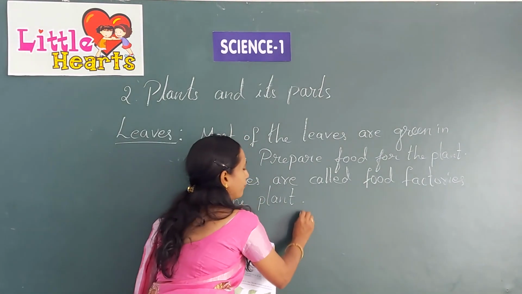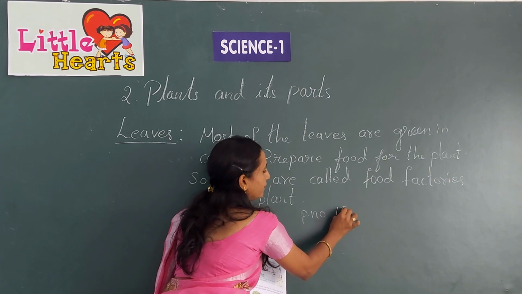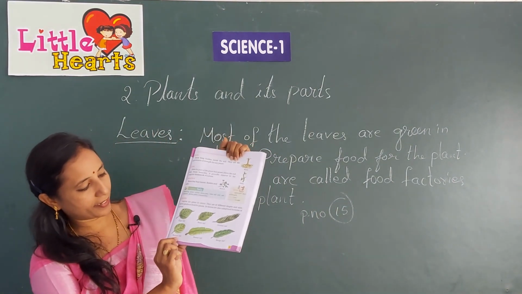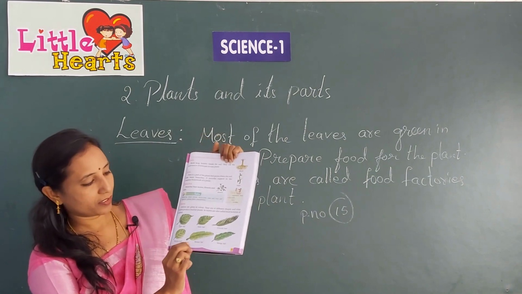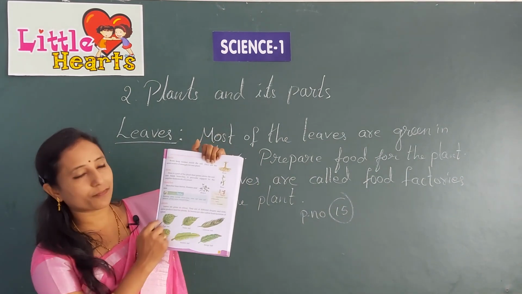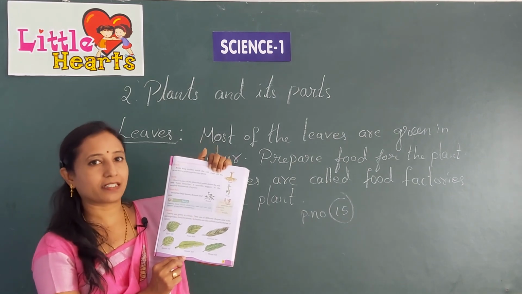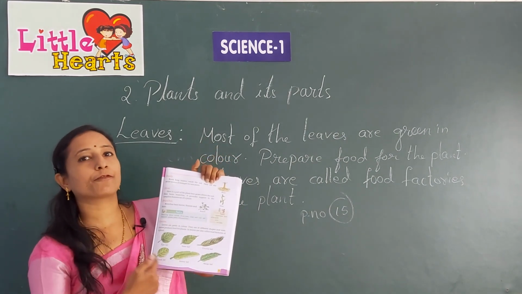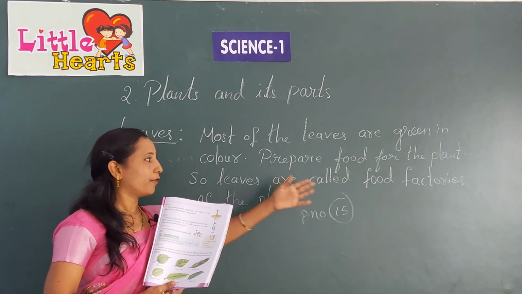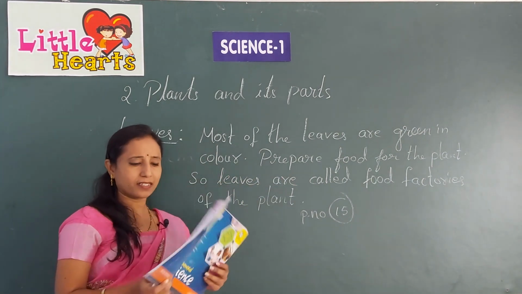Next, banyan leaf, banana leaf, mango leaf. Most of the leaves are green in color. These all prepare food for their plant, so they are known as food factories of that plant.